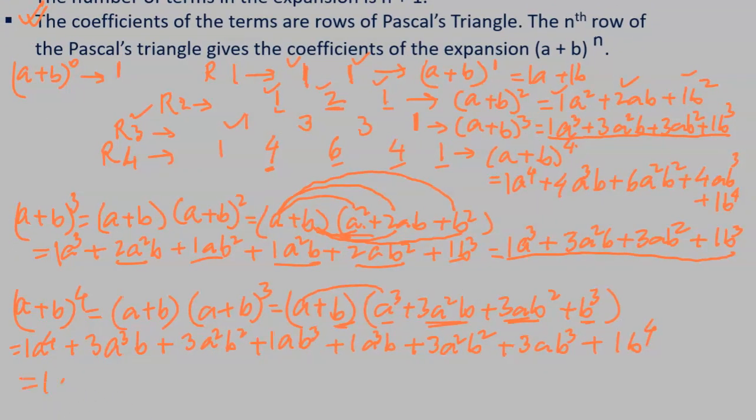So, this is equal to 1a to the power of 4 plus 3a cube b and plus 1a cube b.